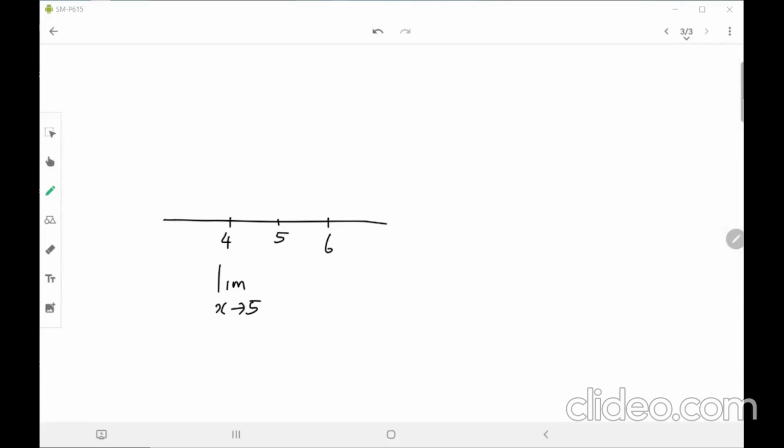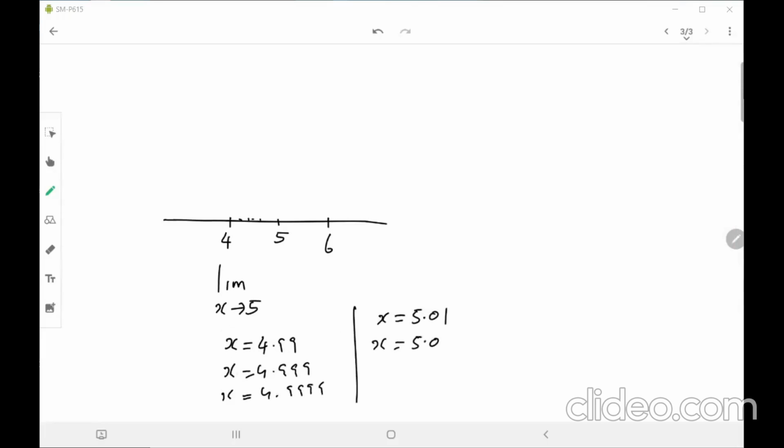But I take a point very near to 5. So x can be 4.99, 4.999, etc. Or it can be 5.01, or 5.001, 5.0001.